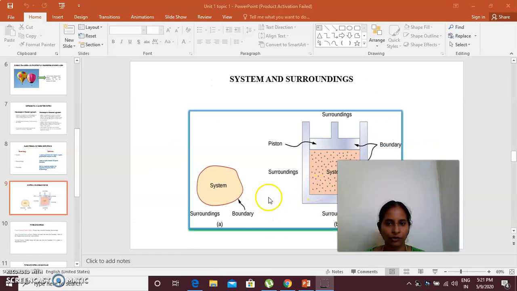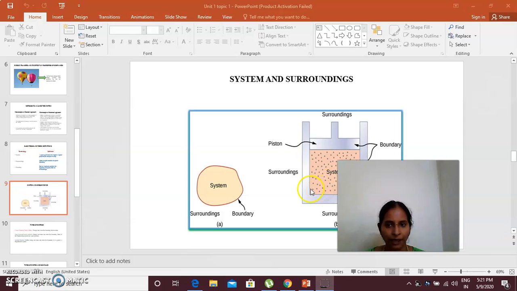So here you can see from this figure, this is your system, outside the system is the surroundings, and the boundary separates the system and the surroundings.